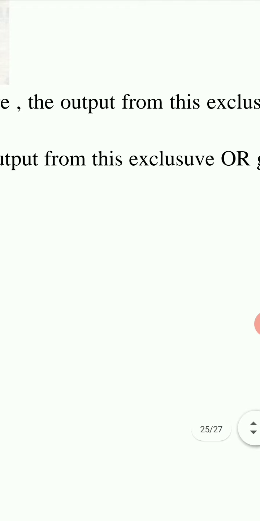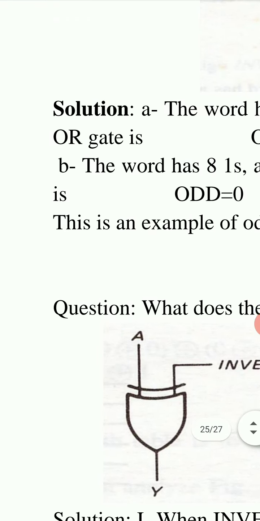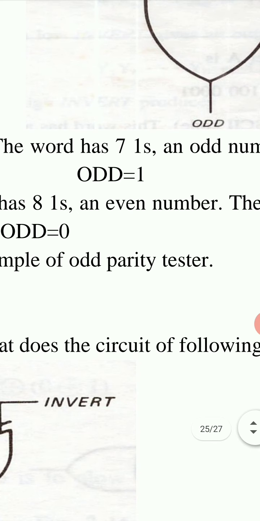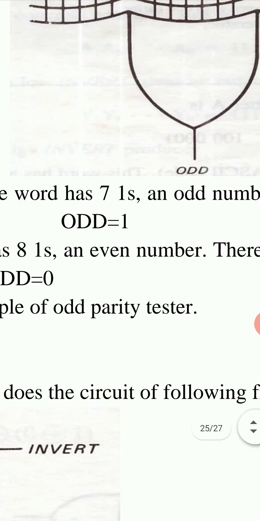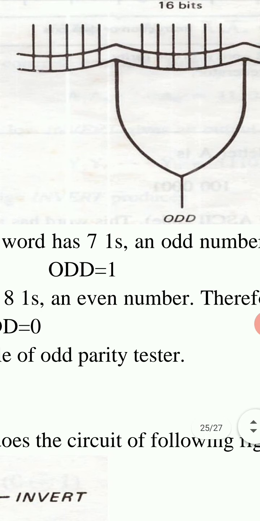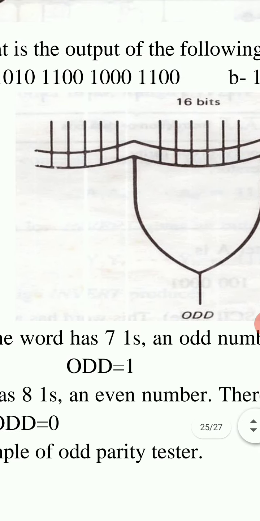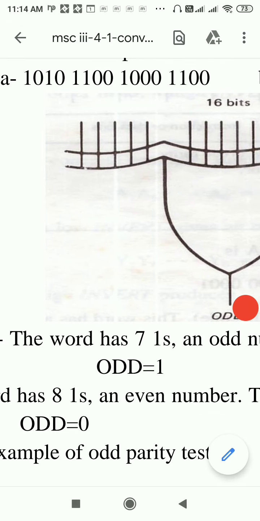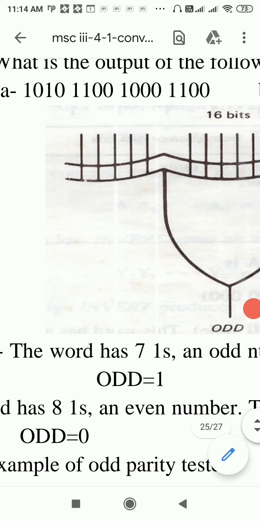Therefore, the output from this exclusive OR gate, represented by odd, is equal to 1, because in this input word 1 appears 7 times, which is an odd number.